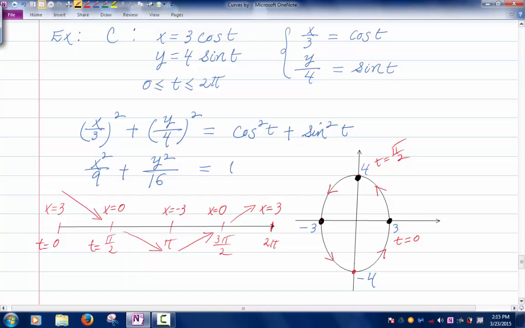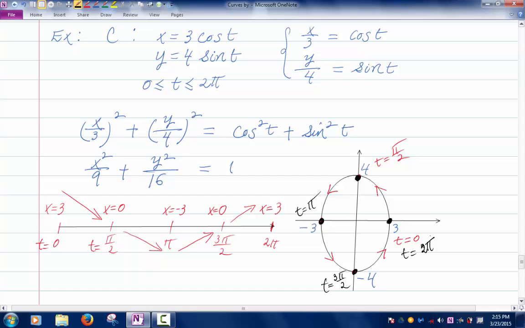So you get the point (0, -4) at what time? t equals 3 pi over 2. Remember, here you are when t is pi. And then finally you come back to the initial point at the time 2 pi, right? Am I making sense? So how many times did you trace the ellipse? Exactly once, right? Exactly once. And you got the entire ellipse.